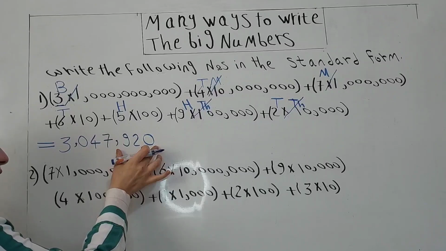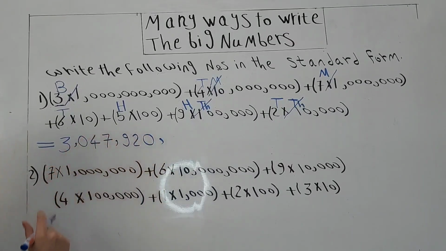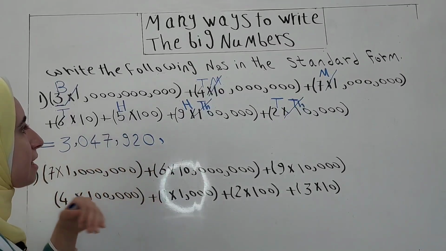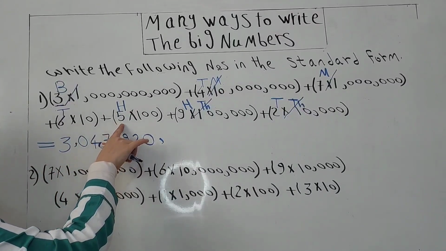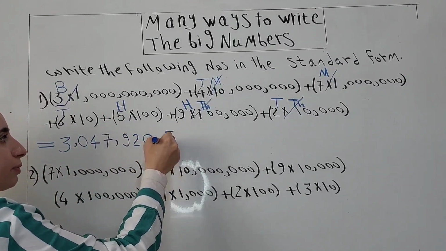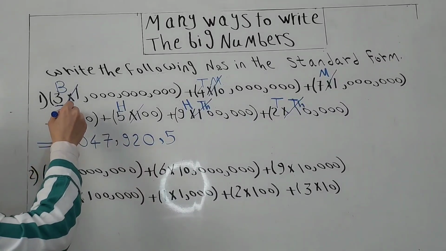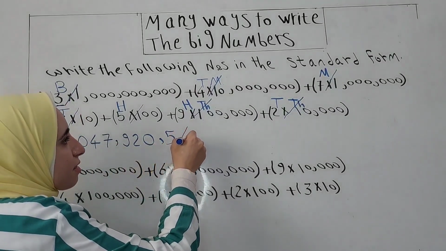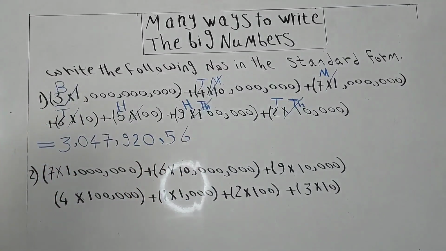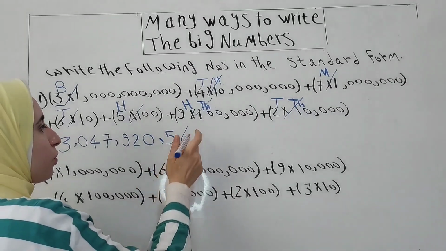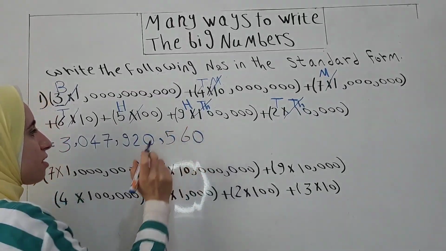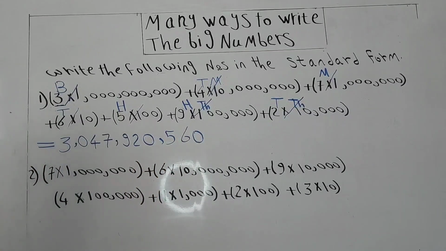We finish this family, so we make commas. The next higher place is 100, so we write 5. The next higher place is tens. We find 6, so we write 6. The next place is ones, but we don't have any digit in this place, so we hold this place with 0. We finish this number.